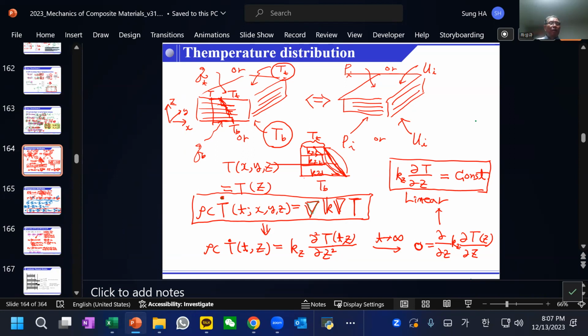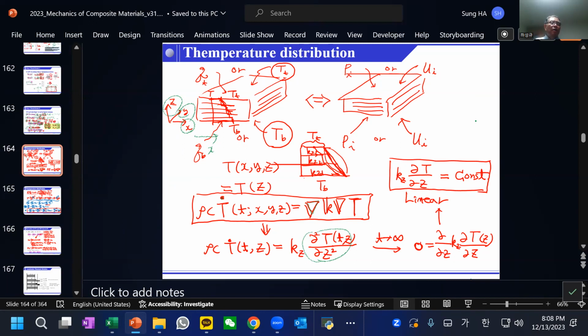And then if we consider only through the thickness, I mean the z direction, not the x direction and y direction. The temperature variation in x and y can be neglected in a wide plate or in a general laminate. The only difference will be the variation through z. So in this Laplacian, we simply change it to kz, and then only the second derivative of T with respect to z, and this is the time.